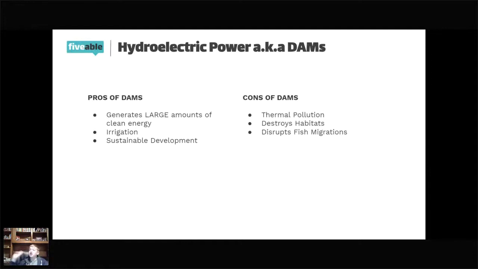upstream. Sustainable development: how are dams related to sustainable development? I don't know if you talked about urbanization and sustainable development in your 8th class, or if you took AP Human, but it's a big topic. Dams provide jobs for people to build them. They provide clean energy and cheap energy once you build them.